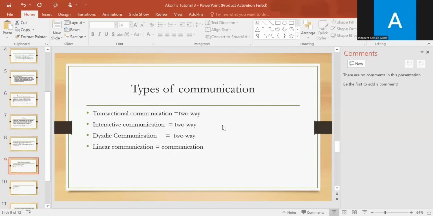So that's linear. So transaction must happen between two people. Interaction must happen between two people. Dyadic, I think that also has to do with two people, two-way communication. Two-way communication, it goes and comes this way. There is a sender, receiver, feedback, basically. But linear I think it is not. And a typical example is what I have just given you.